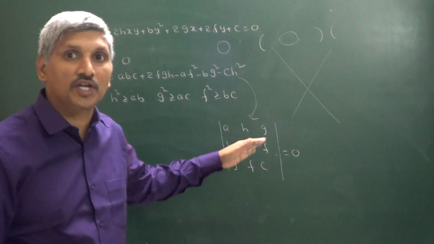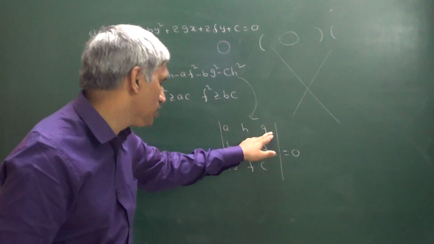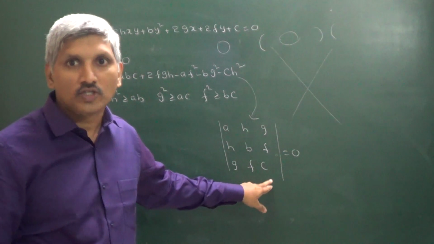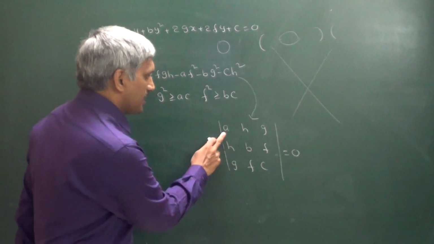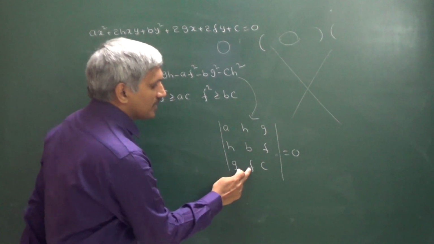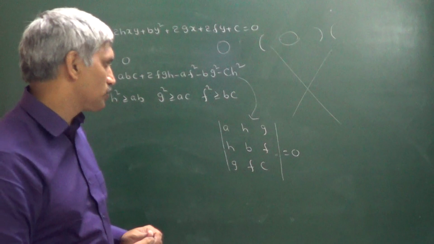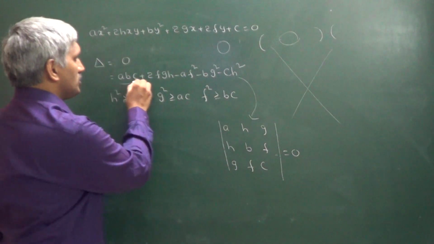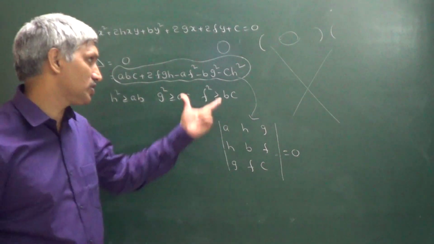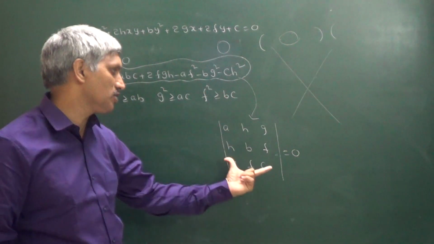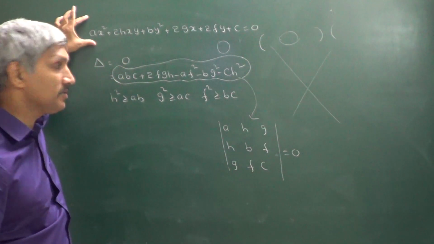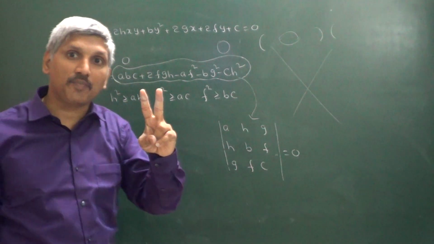We can remember it this way: all hostel girls, hostel boyfriends gone for cinema. So abc plus 2fgh minus af square minus bg square minus ch square equal to 0 is nothing but this determinant value. So the general second degree equation under this condition represents a pair of straight lines.